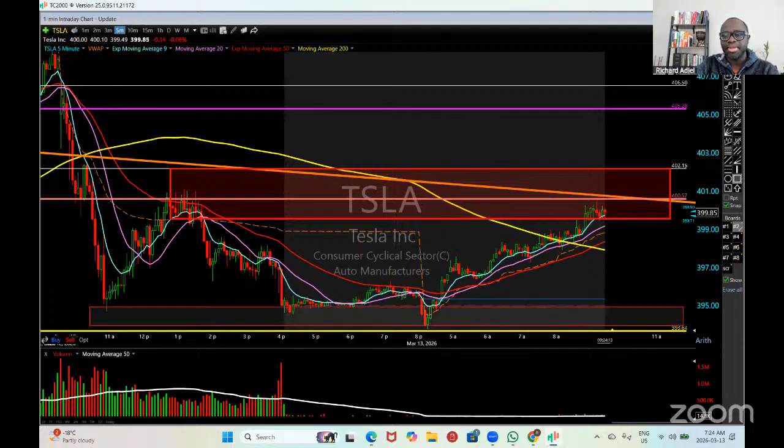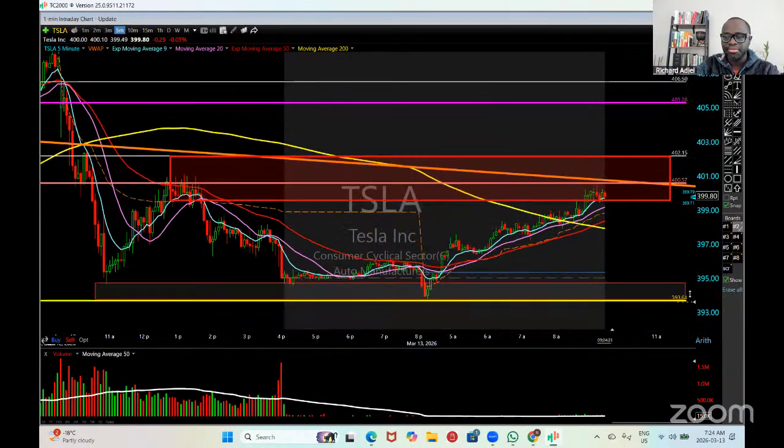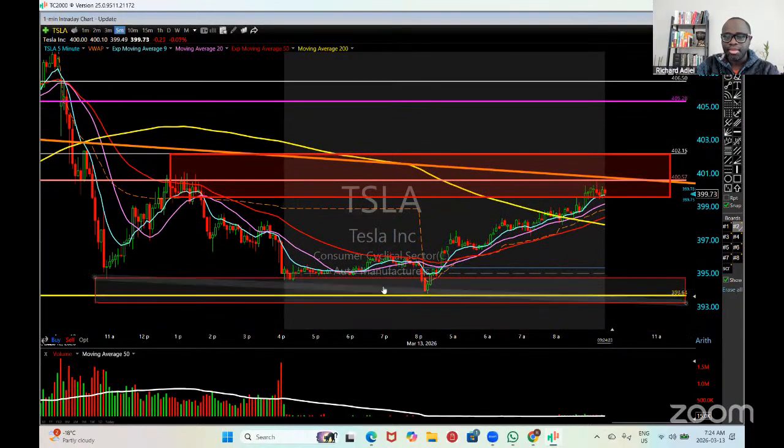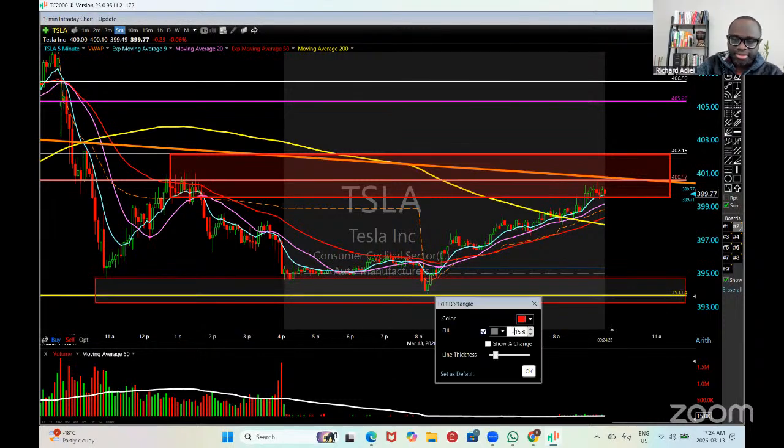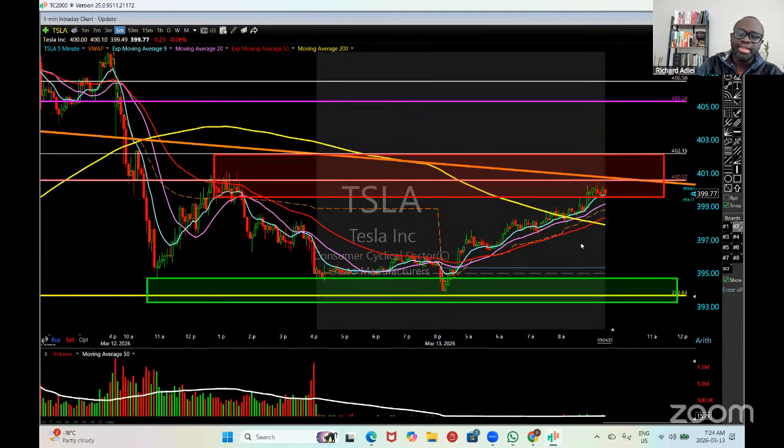I don't think we are going to come here, but anything is possible, right? As a trader, you just have to plan for everything. You don't have to leave any stone unturned. Things can just flip in a second. All right, so this is how I see it. So wait for the trade to come to us before we take a trade.